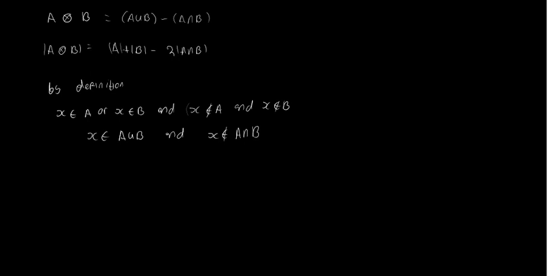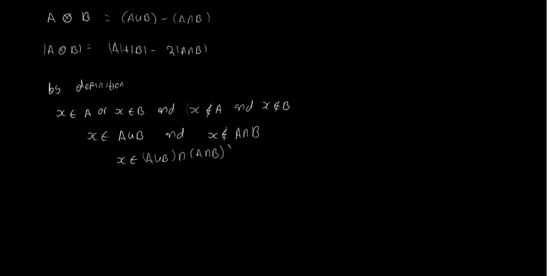This can then be summarized as x being a member of A union B intersection the complement of A intersection B, right?